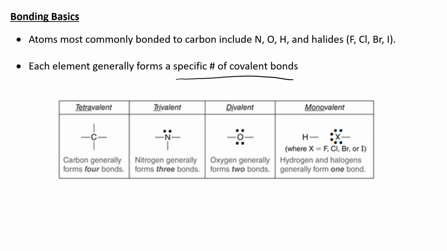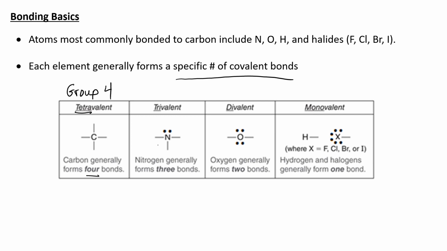However, what you should know is that certain groups on the periodic table, if you look at the carbon group, all the nonmetals in that carbon group are typically tetravalent. We say this is group 4 on the periodic table. Tetravalent means they like to form 4 bonds.